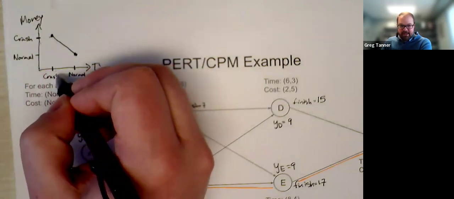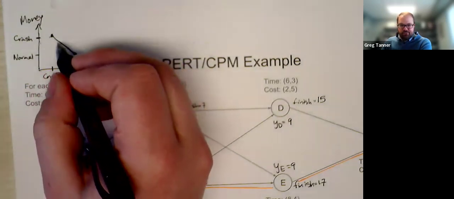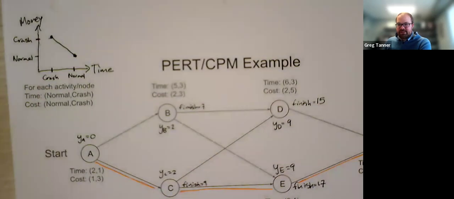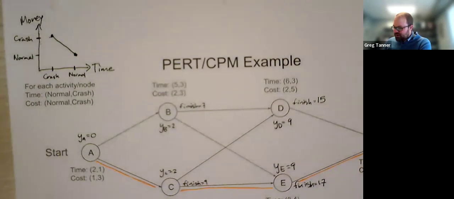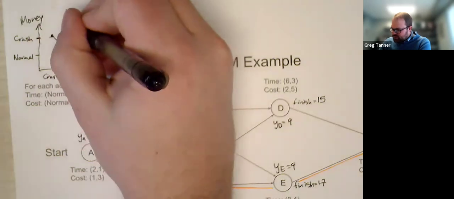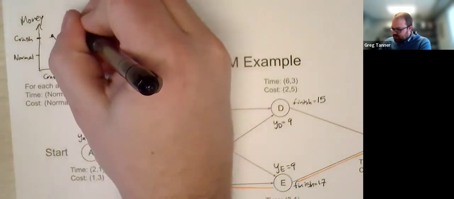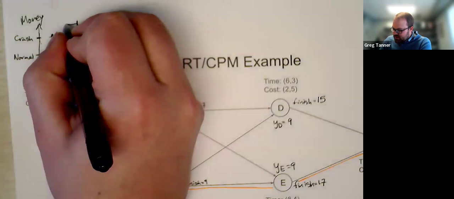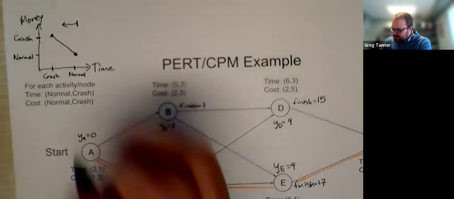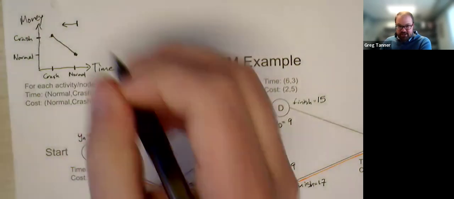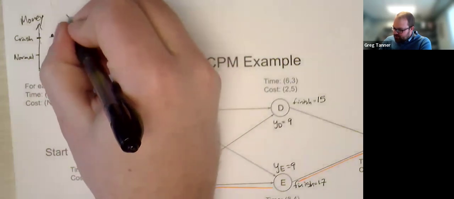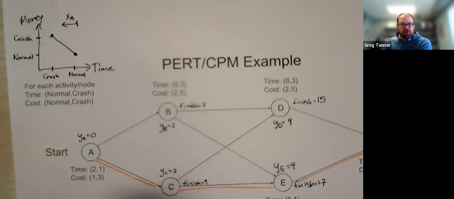We're able to lower the time as we move up this line, but at increasing cost. And the way we do our decision variable is we have a variable for that activity. Maybe we'll say this is for activity A, and we'll call that XA, which measures the amount of time that we've crashed.